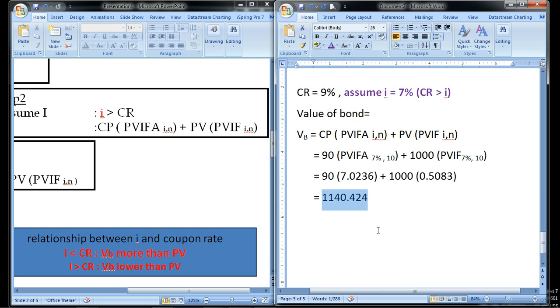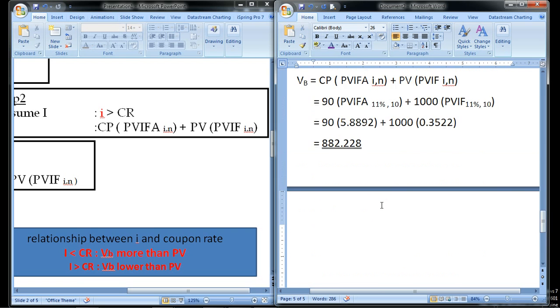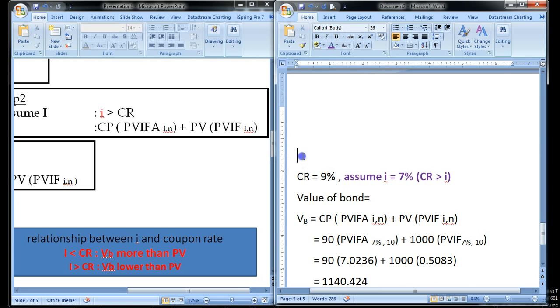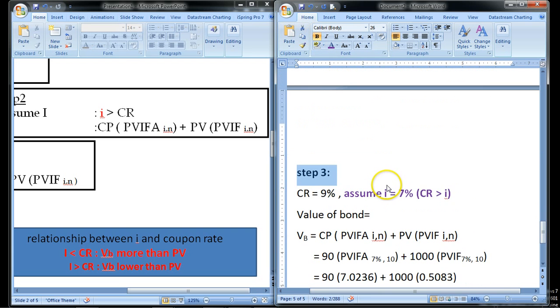Yes, 1000. Good. So the value of bond is higher than par value. 1000, this is 1140. Correct. So after you get all the answers, this is called step 3. Don't forget, this is step 3. Just now was step 2.